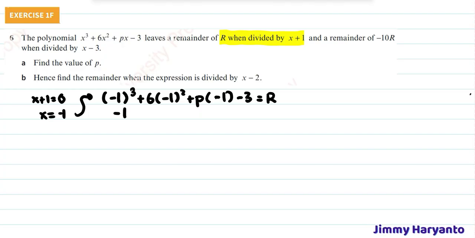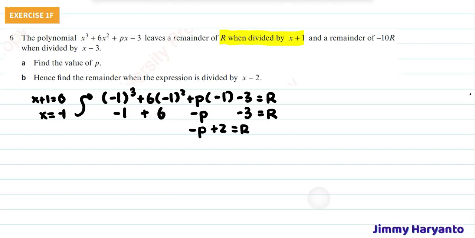Let's simplify this one. You'll have plus 6 right here, negative p, and then negative 3 equals r, and then after that we can simplify the left hand side. You'll have negative p plus 5 minus 3 equals 2 minus p equals r.